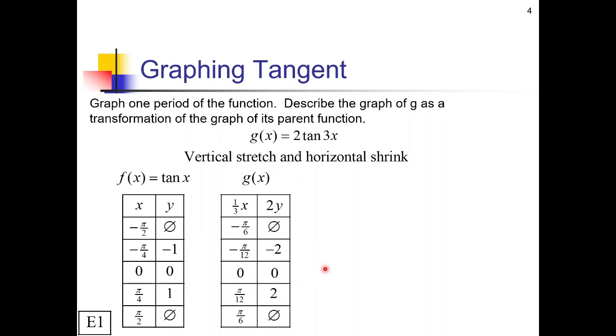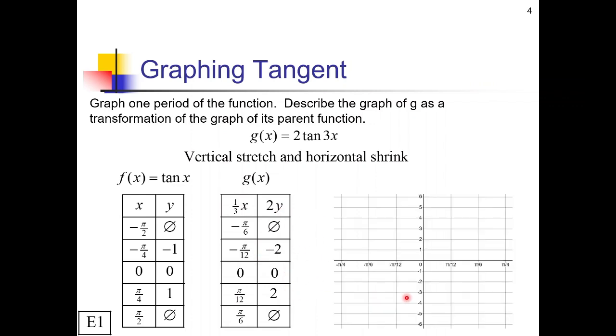So I would like my x values to be able to accommodate from negative pi over 6 to pi over 6. And I don't have to do more than going by 1s on the y-axis to get negative 2 to 2. But for the x-axis, I'm going to make these go by pi over 12s. That'll give me enough room to show everything here. So we have a vertical asymptote on negative pi over 6 right here.